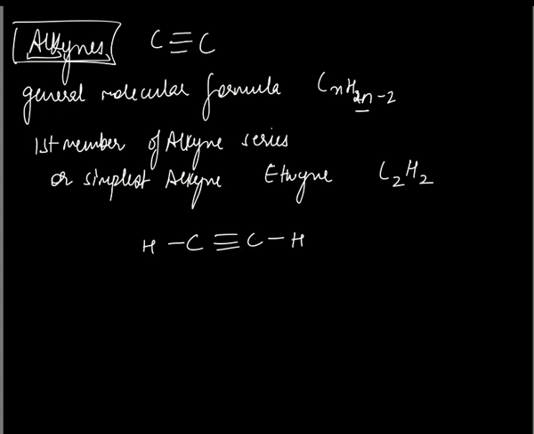Okay, now moving ahead. So this is our first member. Then we go to propyne. Propyne means three carbons. Always make the chain first. Introduce the triple bond anywhere, and then add hydrogens. Three hydrogens over here. This carbon is not going to have any hydrogen because its covalency is already completed.